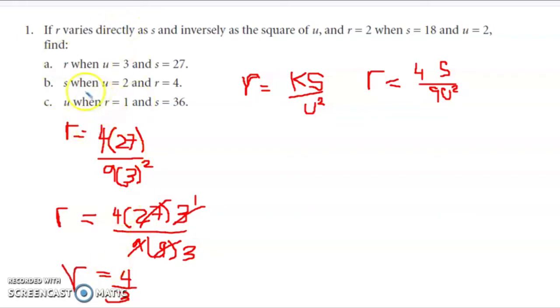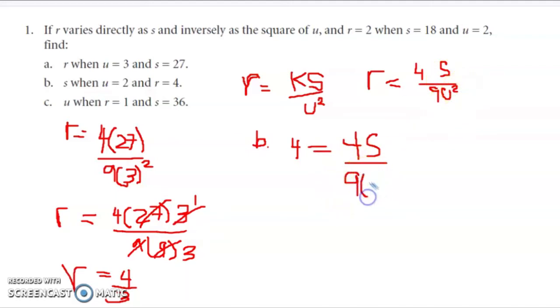Okay, next. How about S when U is 2 and R is 4? Again, we substitute. So your R is given, so 4. So this is B. So R is 4. This is your equation again, is equal to 4S because we are solving for S, all over 9 U squared.